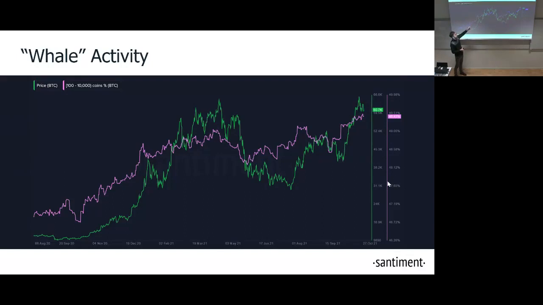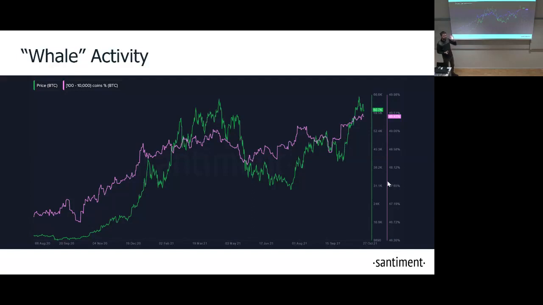For example, show me all of the addresses that hold between 100 and 10,000 Bitcoin, but then filter only those that belong to individual whales, or those that belong to cryptocurrency exchanges, yield aggregators, farms, and so forth. We already have a prototype for this metric. It's on our platform, and I'll be happy to show it to you after the presentation.